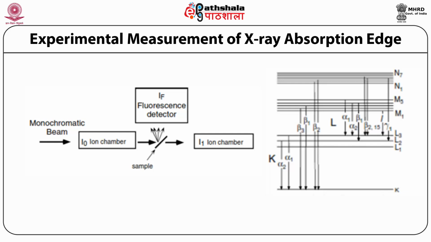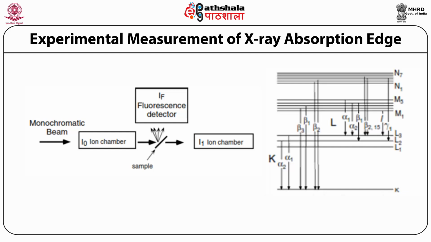I naught is the incident intensity, and after the beam passes through the sample we again measure the intensity, the transmitted intensity, in an ionization chamber. On top you can see the I_F fluorescence detector, which is a detector that determines the energy of the emitted radiation.